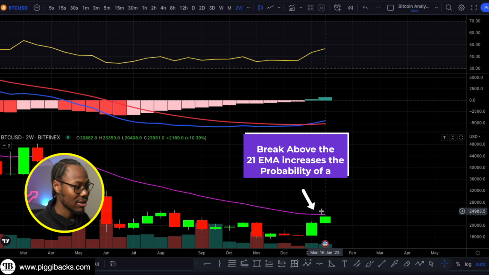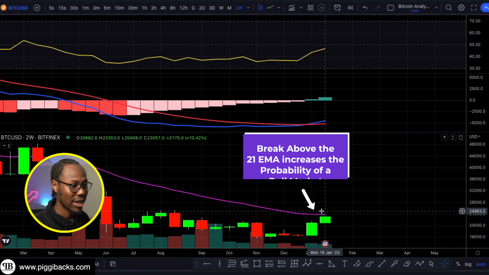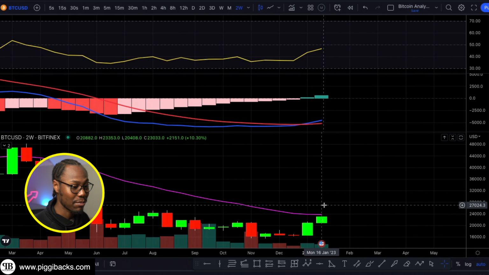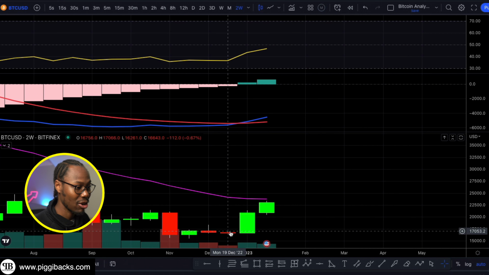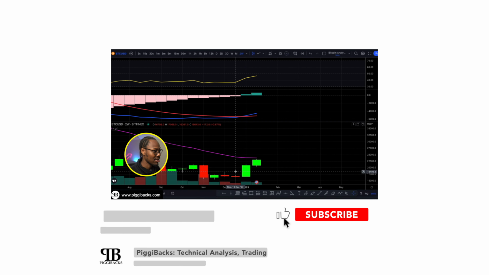So one needs to make sure that they're keeping an eye on this, and what will rule out this signal is if the price retraces and breaks through this low right here, so the low on this candle, and stays below it. That would disregard this signal, because then the probability would be low for the uptrend to continue.